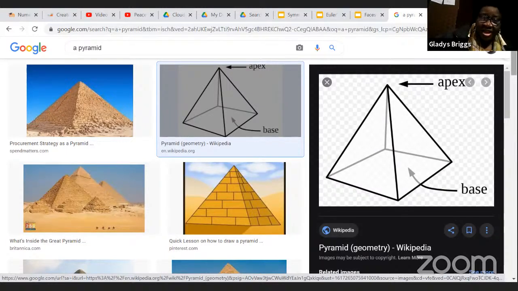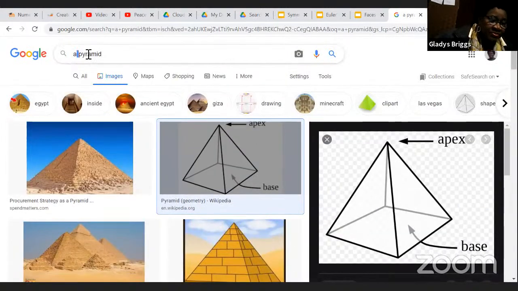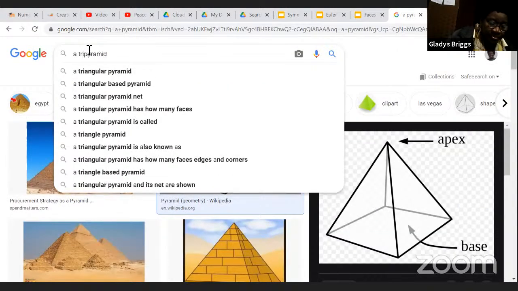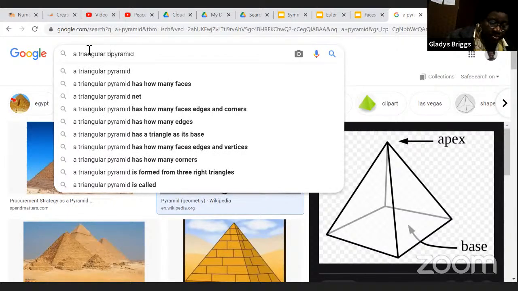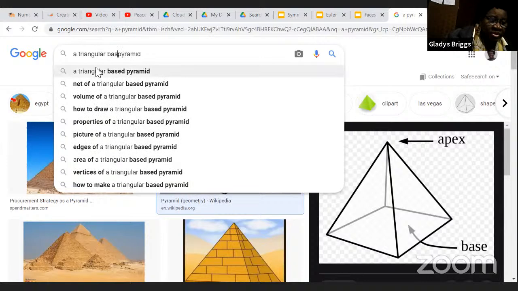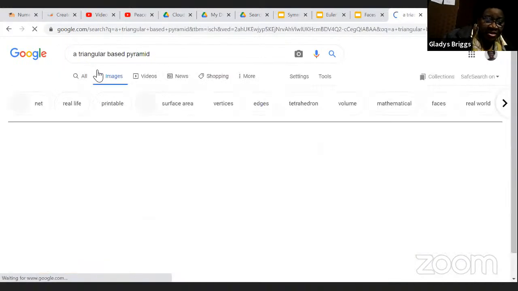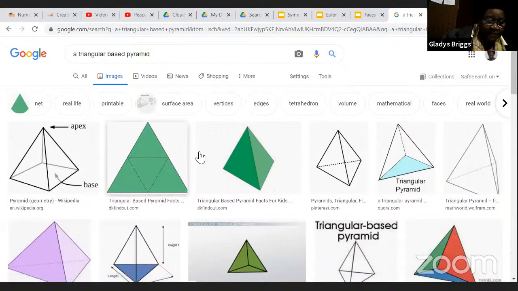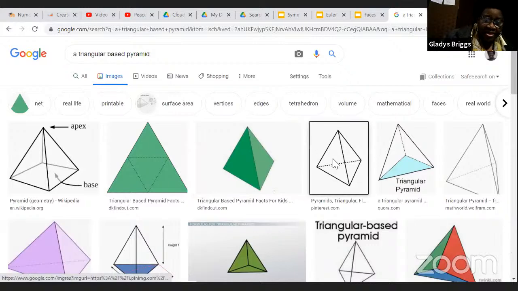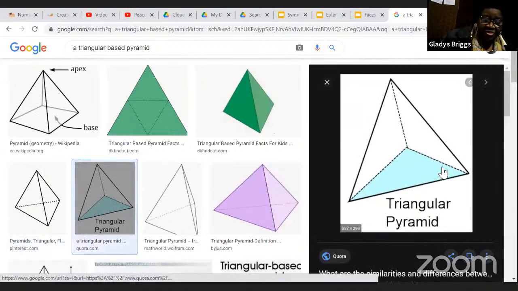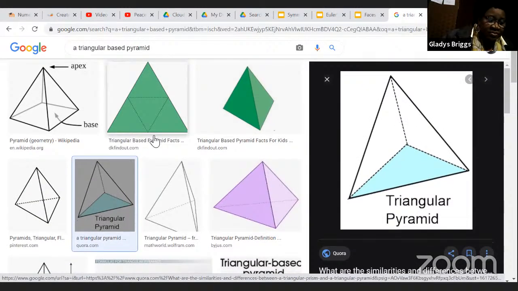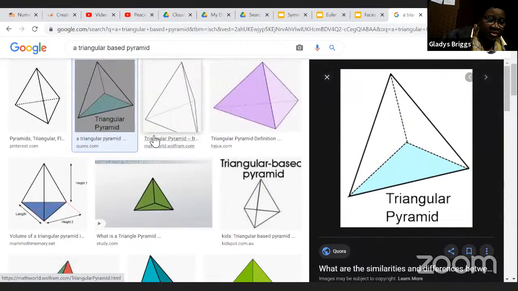You can have a triangular-based pyramid as well. So there we are, that one. You see the base is a triangle, yeah? So not the other one.